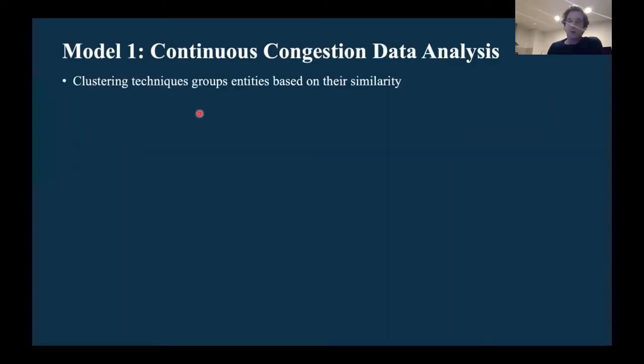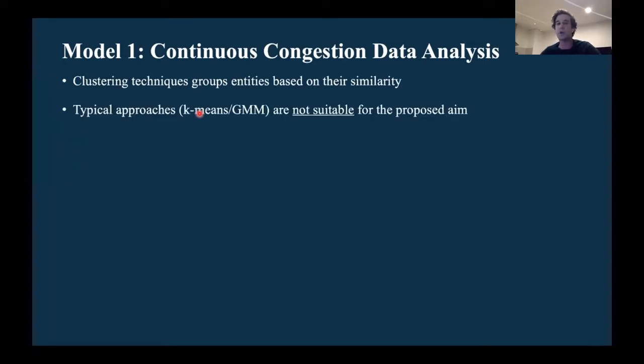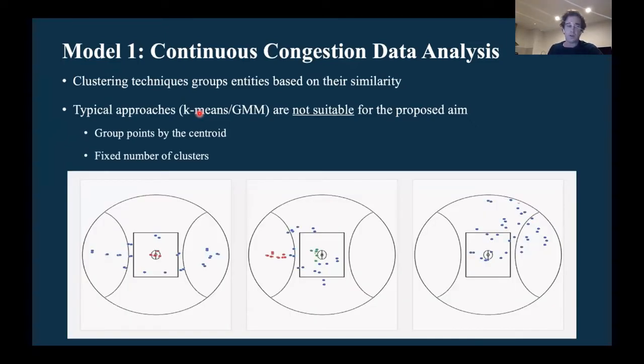So our first model was the unsupervised one, which was to determine congestion continuously. To achieve this, we took a clustering technique. Typical approaches such as K-means or Gaussian mixture models aren't suitable for this aim. That's because these approaches have a fixed number of clusters, which is the main issue, and they also group points by the centroid.